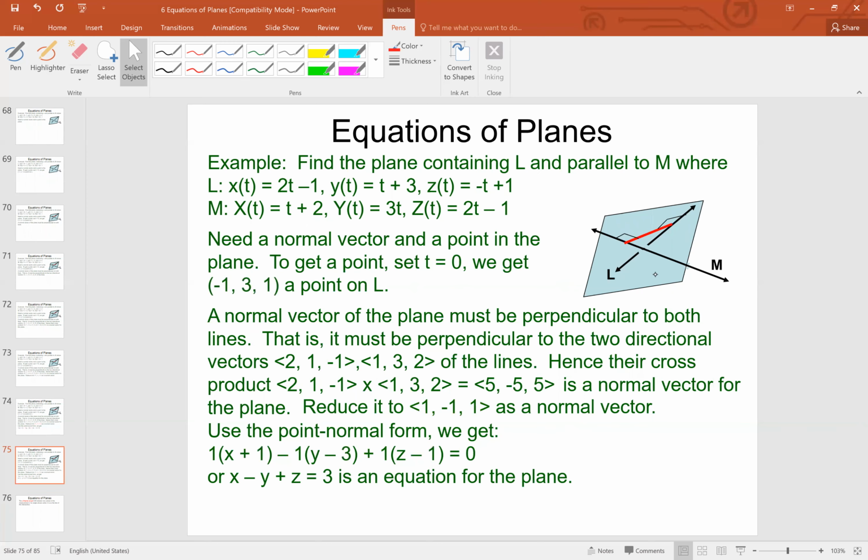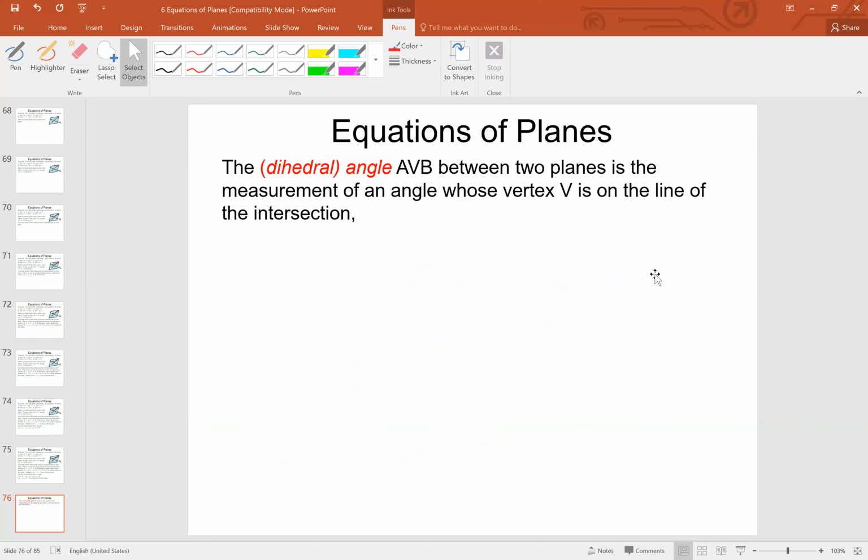Another demonstration of using the normal vector is the angle between two planes, called the dihedral angle. Actually, there are two of them. When you have two planes meeting like this, there's an angle on this side and an angle on that side.